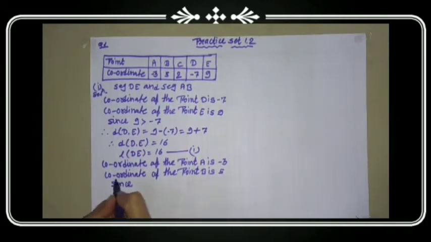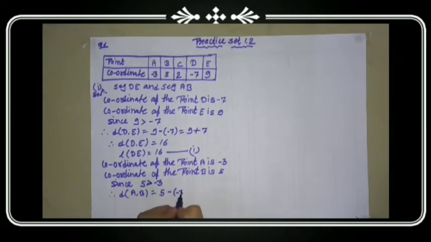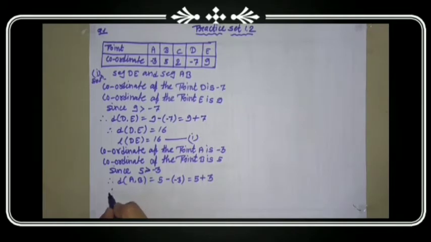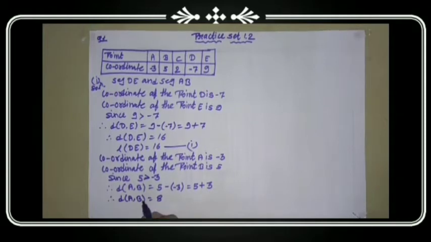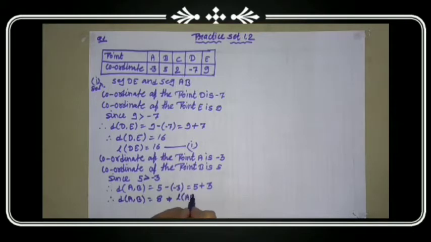Since 5 is greater than -3, therefore distance of AB equal to 5 minus -3 equal to 5 plus 3. Therefore distance of AB equal to 5 plus 3 equal to 8. It is also denoted by length of segment AB equal to 8, denoted by second equation.